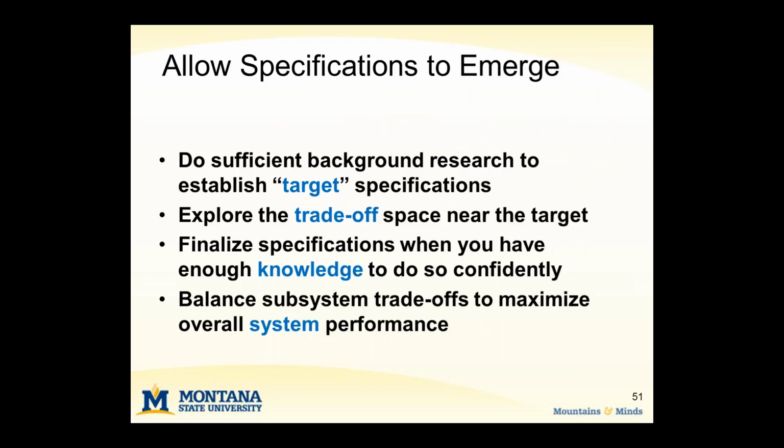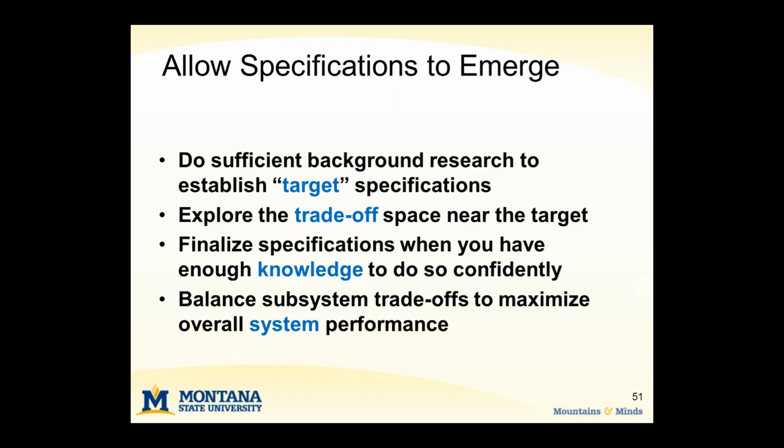One thing that's really helpful in this convergence process is if you can have some flexibility in your initial specifications. Again, similar to that knowledge curve, it's very difficult, I think, to set your specifications early in the project because you have the least amount of knowledge at that point.